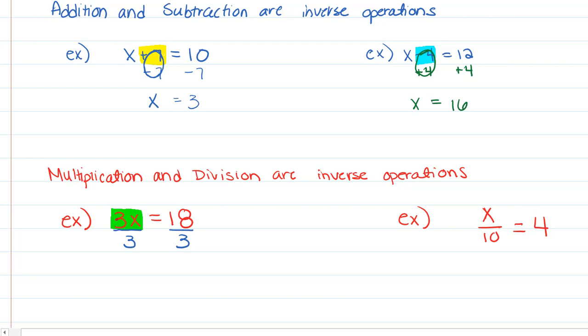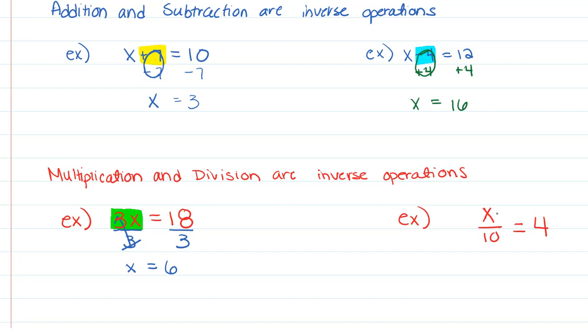The reason is that when I do 3 divided by 3, I get 1. So this can be written 1x equals 6. But we don't typically write 1x, because writing x without the 1 means the exact same thing, and you have to write less.